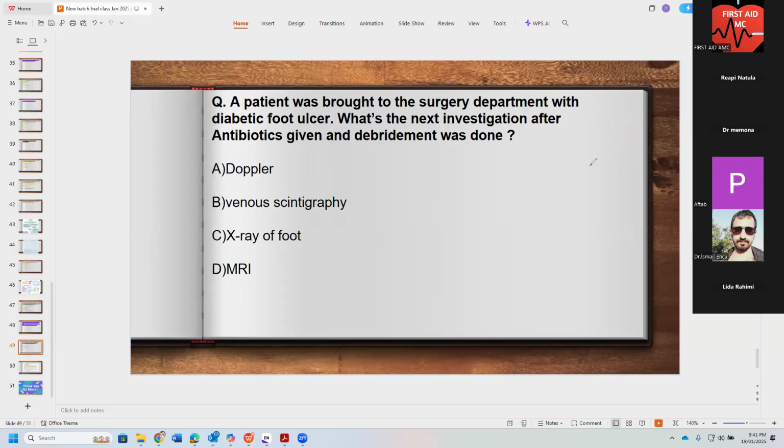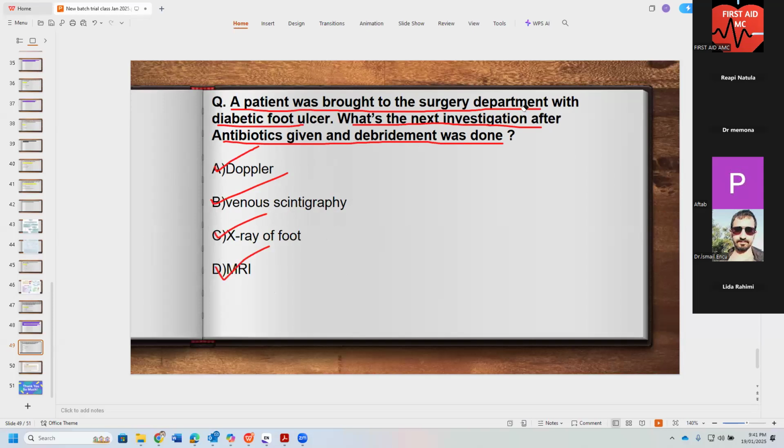Clear, guys? We are 15 minutes up. Let's quickly finish this. A patient was brought to the surgery department with a diabetic foot ulcer. What's the next investigation after antibiotics are given and debridement is done? Doppler, venous scintigraphy, X-ray, or MRI? We have discussed this.